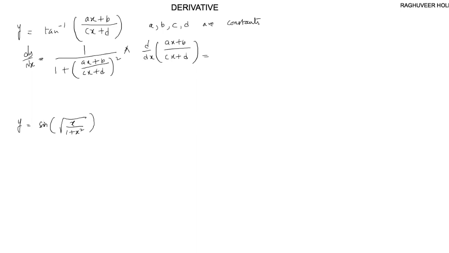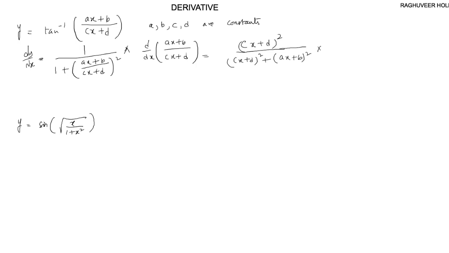Now this is equal to differentiation of (ax + b) by (cx + d). When you simplify the first part of it, we get this as (cx + d) whole square divided by, in the denominator, (cx + d) whole square plus (ax + b) whole square, right?